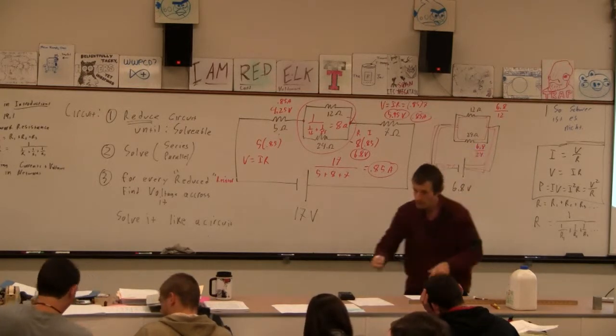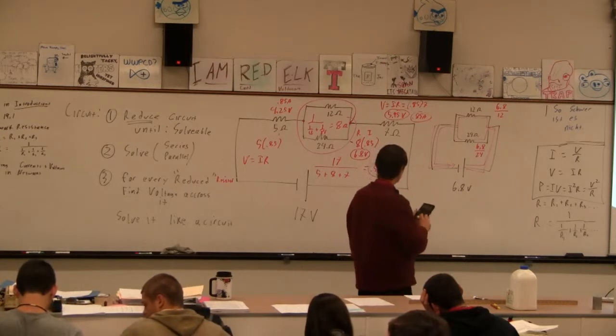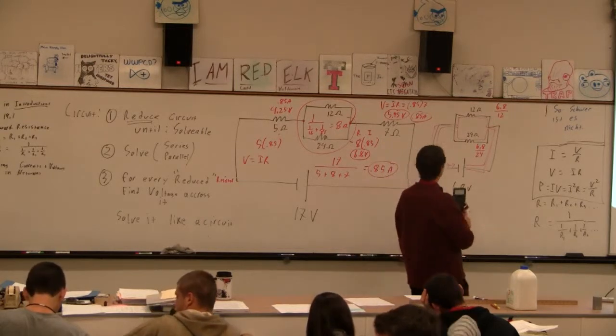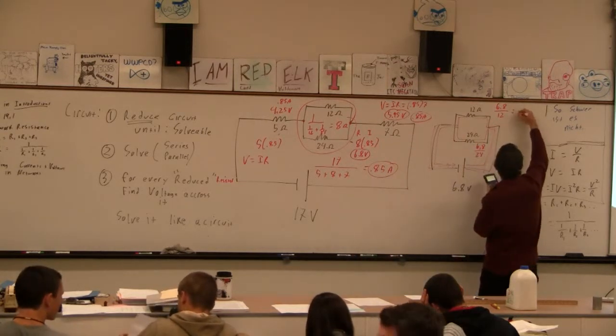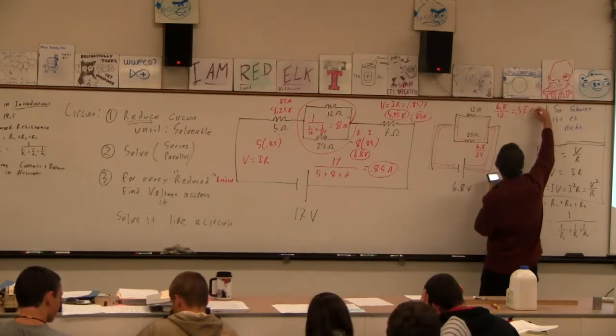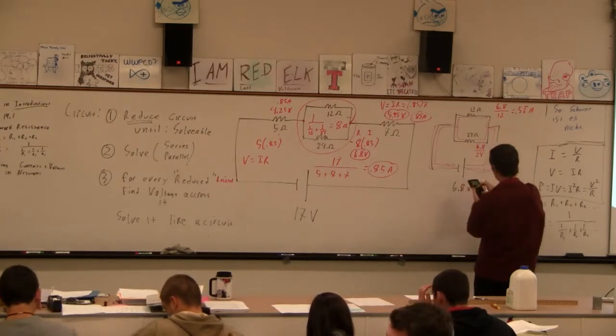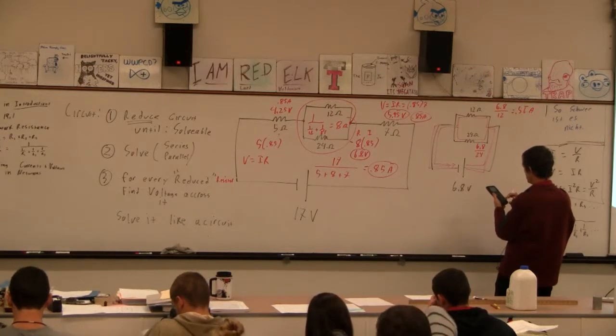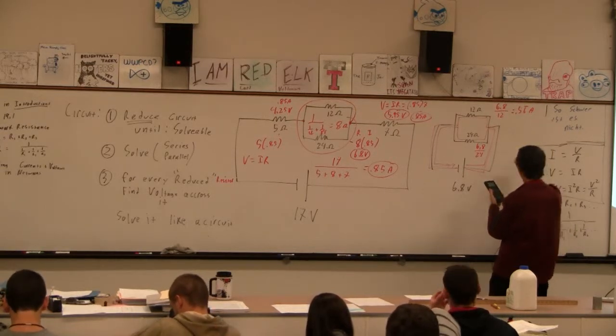And so these currents are 0.566 repeating, right? And then the current on this one is going to be half that, 0.283.